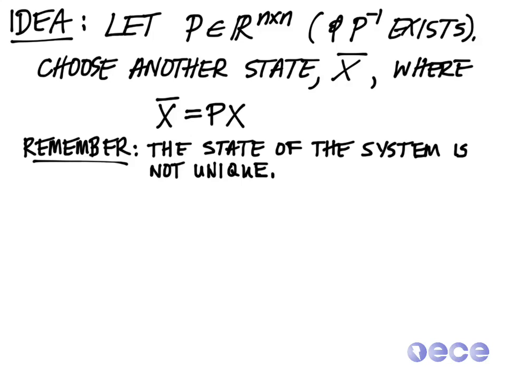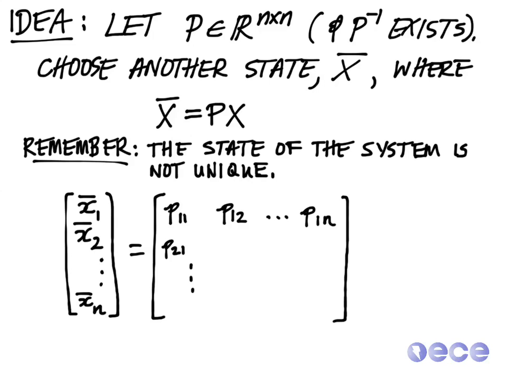You just end up with a different y equals something besides c times x bar. So we're going to create something called c bar times x bar to give us our output y back. We'll see how that works out mathematically in a few minutes. It's just important to remember that the state of the system is not unique, so I can define my state such that a bar is diagonal.